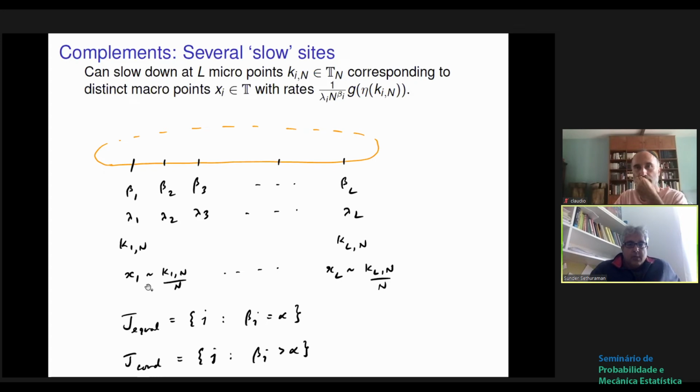Let's say that the slow sites are k_1^n through k_L^n, and these scale after you divide by n to x_1 through x_L. And x_j would be a critical location when beta_j is equal to alpha, and a supercritical one when beta_j is bigger than alpha.